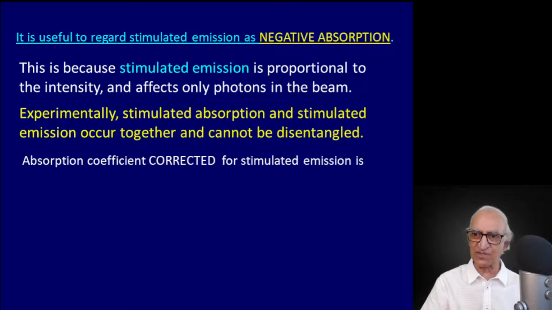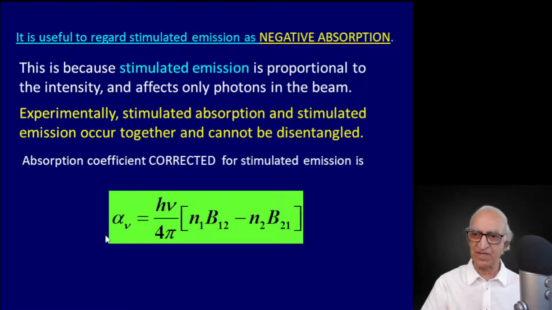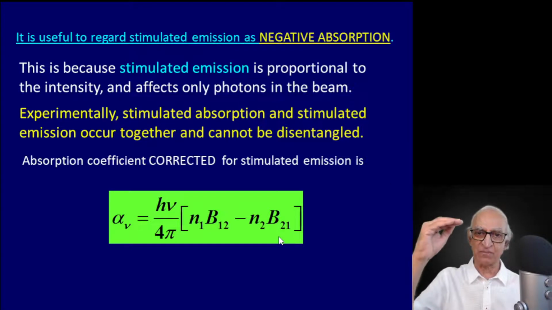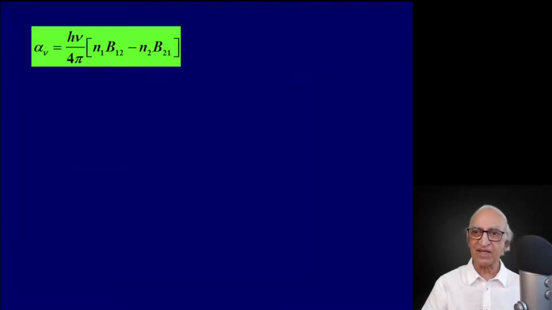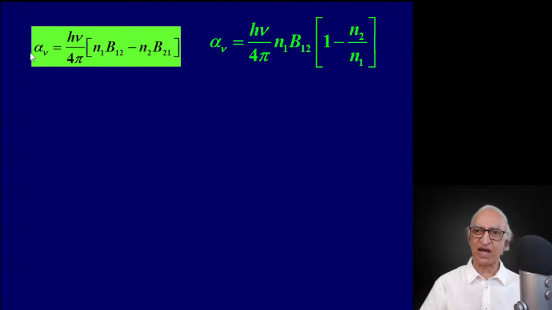Therefore, the absorption coefficient corrected for stimulated emission is alpha nu equal to h nu over 4 pi times [N1 B12, which is stimulated absorption going from level 1 to 2, minus N2 B21, which is stimulated emission jumping from level 2 to 1]. This is stimulated absorption and this is stimulated emission. So that's getting interesting. Now this is the same formula as in the previous slide.